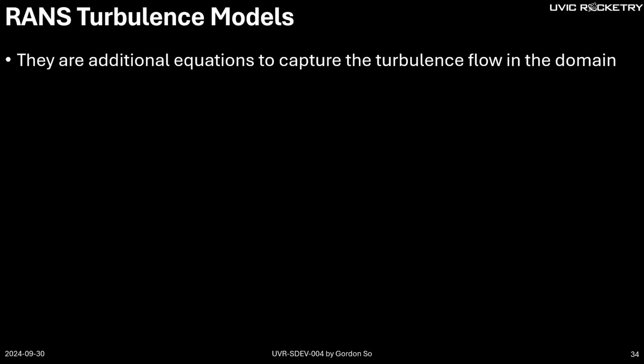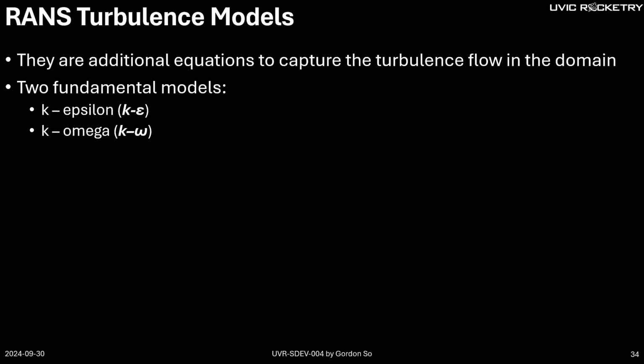So to account for not capturing any turbulence, RANS actually has specific turbulence models to use in CFD. They model the turbulence as a velocity profile. Two fundamental models would be K epsilon and K omega. You will see them very often in research papers that use RANS.